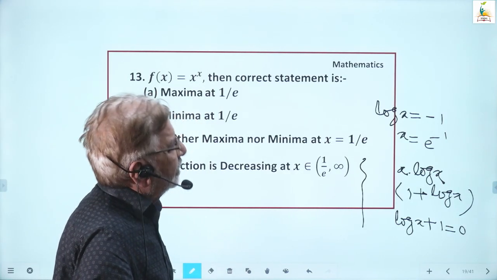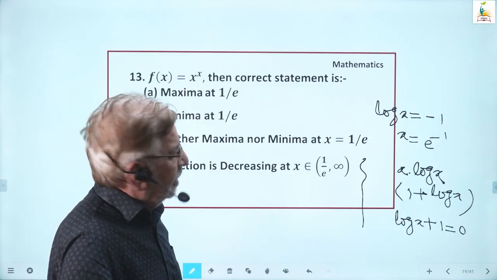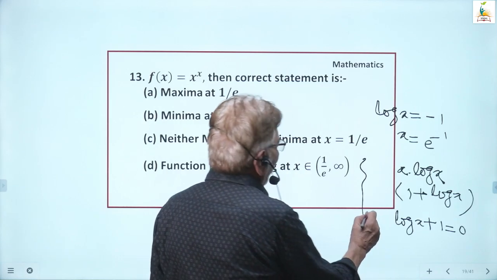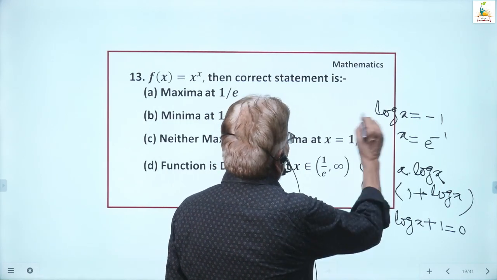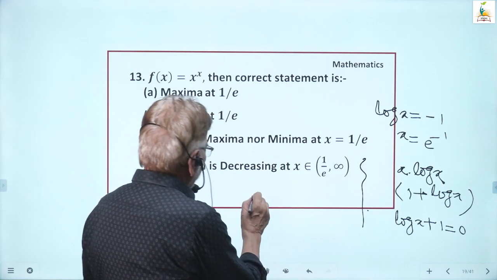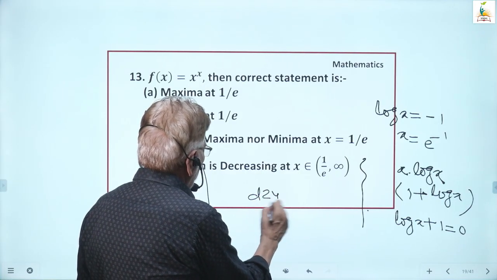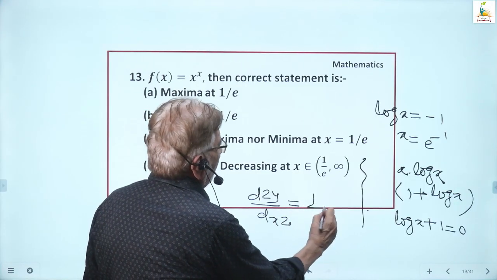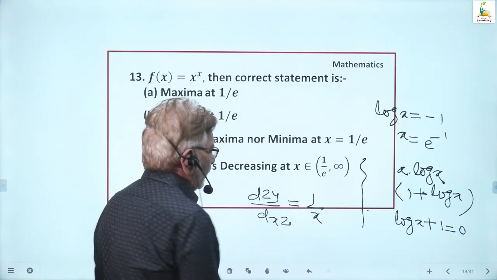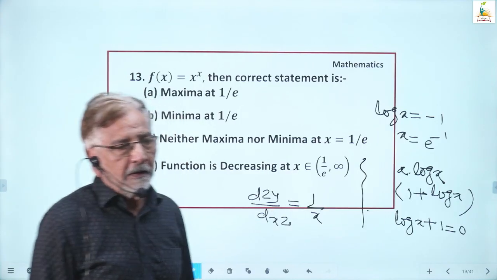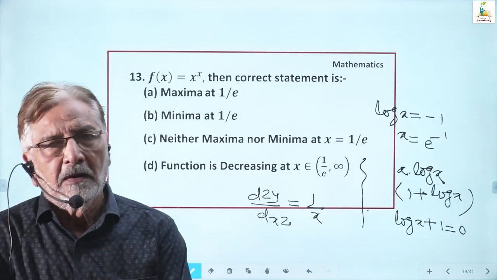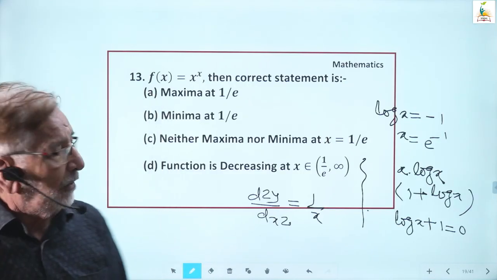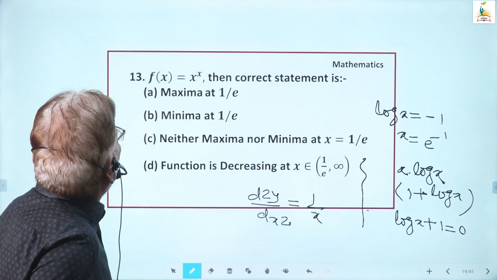Now, if you wish, you can do it by second order derivative method also. If I differentiate it again, d2y by dx square will be equal to 1 upon x. At x equal to 1 upon e, d2y by dx square shall be greater than 0, so minima at 1 upon e.